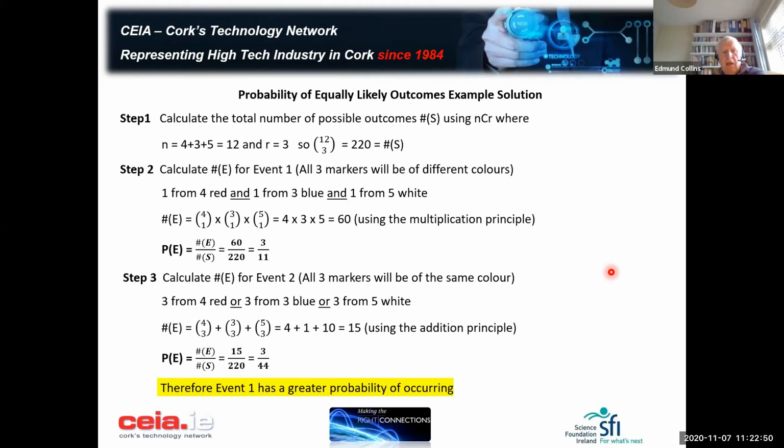So the n in this case is 12, and we're going to select 3 from that. So the nCr in this case is 12 choose 3, as you see. So the total possible combinations, in this case, is 220.